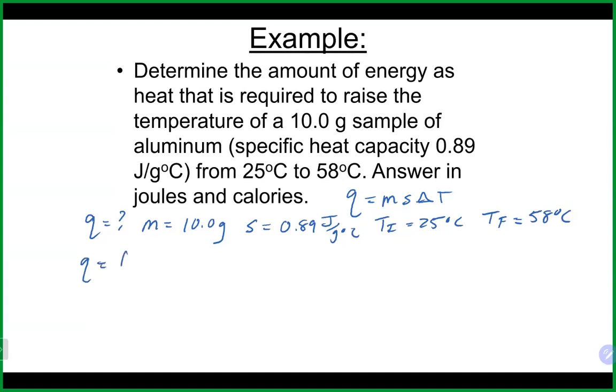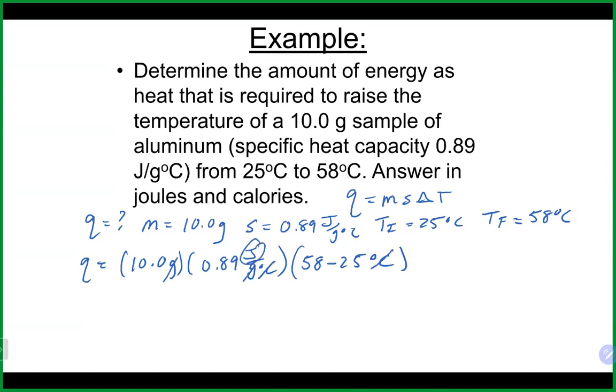So we'll plug it in. That will give us 10 grams times our 0.89 joules per gram per degree Celsius. And again, here we want to go final temperature minus initial temperature, so 58 minus 25. In terms of units, the grams will cancel. The degrees Celsius will cancel.